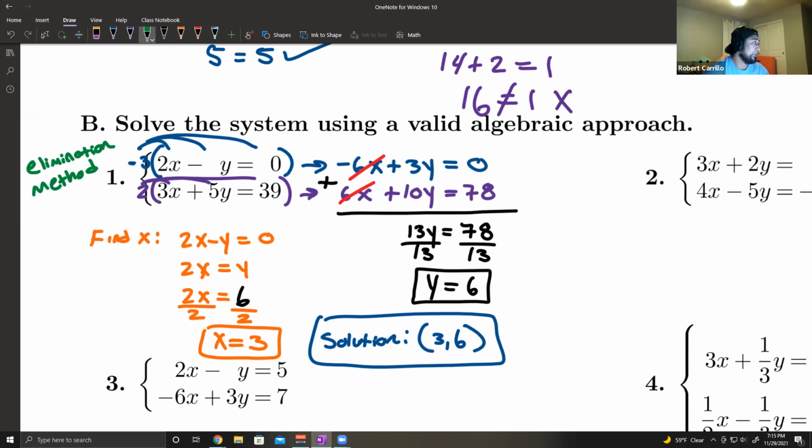So there are actually 4 ways to solve a system, but we're not going to get that crazy in this class. 1 is by graphing, 2 is by substitution method, 3 is by elimination method, and 4 is by matrices, by using a matrix. And the matrix is the fastest way to solve them because you can plug it in a calculator and your calculator will do it for you.